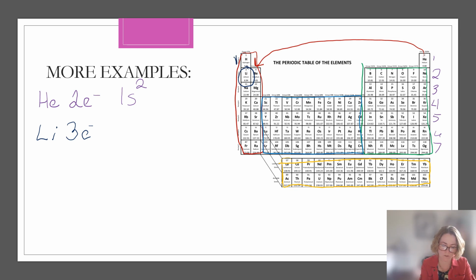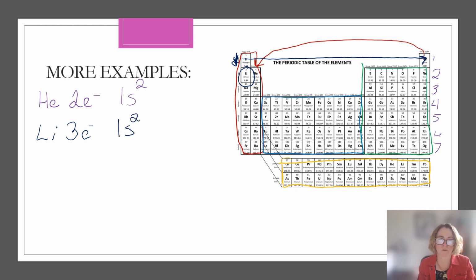So I'm always going to start in energy level number 1. That has to get completely filled up first. So I am going to go completely across energy level number 1.